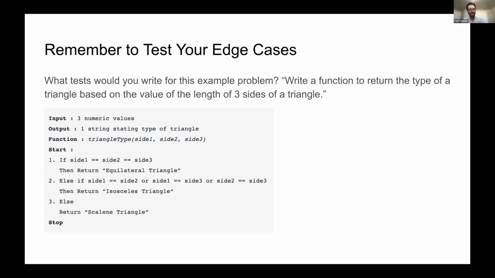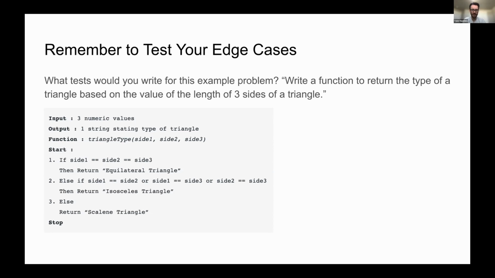You can see down below, we have this pseudo code of how you might write this. This is, again, the actual production code, not the test yet. Maybe you would write a function called triangle type, and it takes 3 arguments for side 1, side 2, and side 3. And then you say, if all 3 sides are equal, then it's an equilateral triangle.